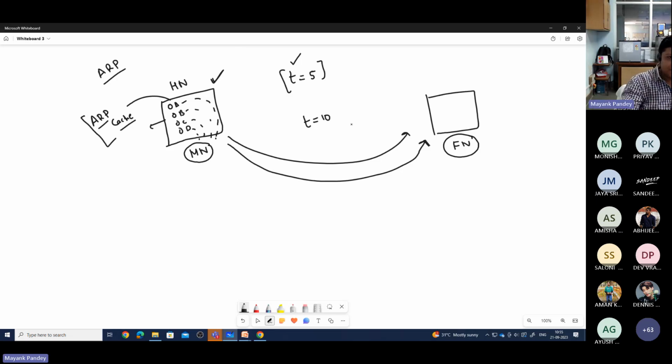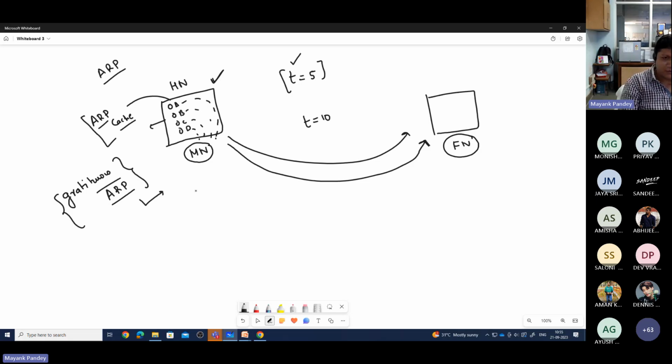So there is a special ARP which is known as gratuitous ARP. I'm giving you 5 minutes to study about gratuitous ARP, and I'll be asking a question. What is gratuitous ARP?